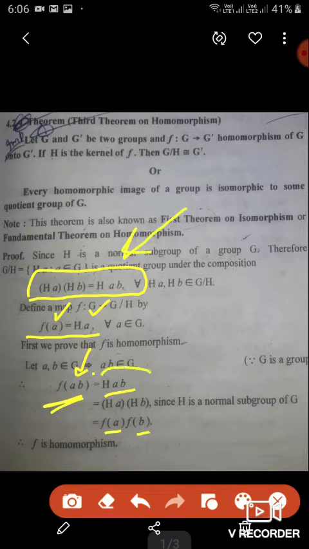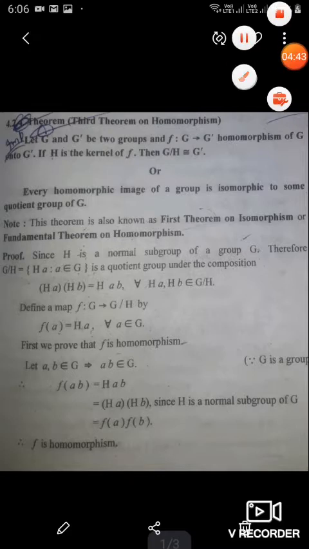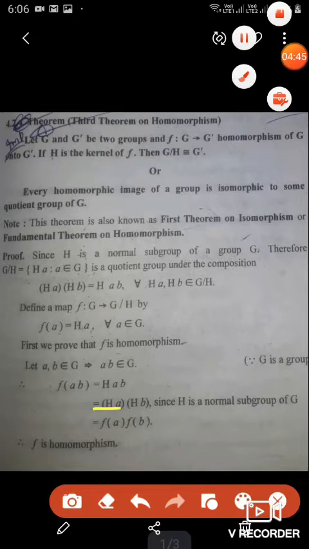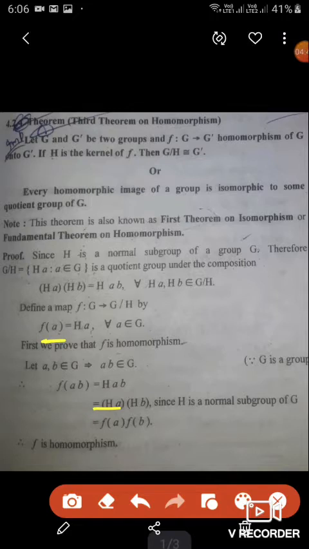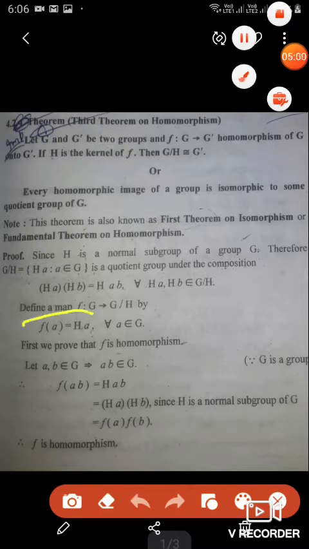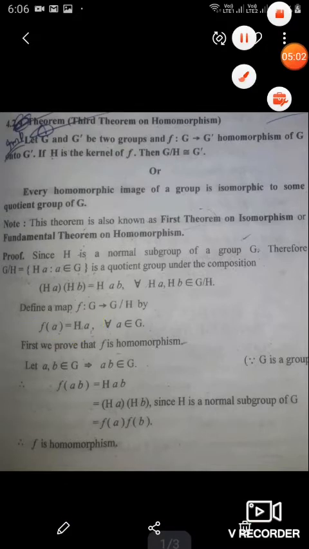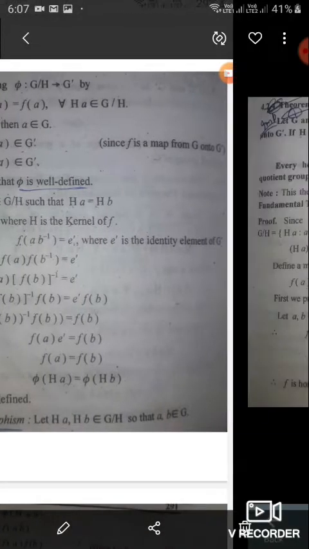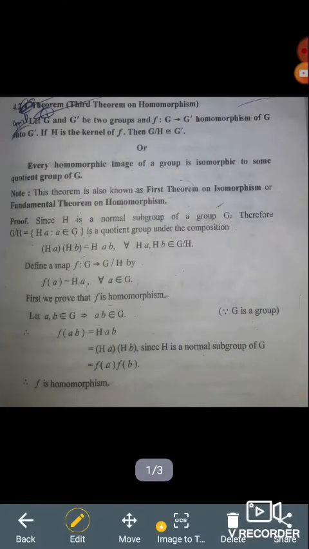So in place of Hab we can write Ha into Hb. Fine. So here Ha is equal to f of a. Similarly, what will be Hb? Hb will be equal to f of b. So here we have proved that the function f, which is defined by this, is a homomorphism. Fine.